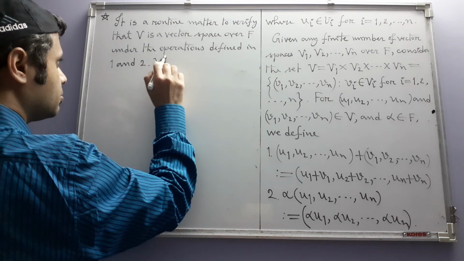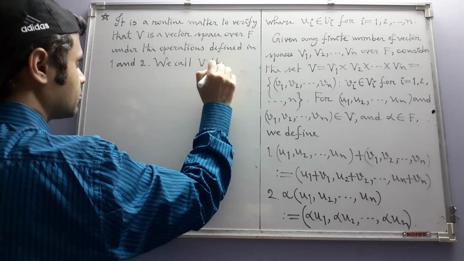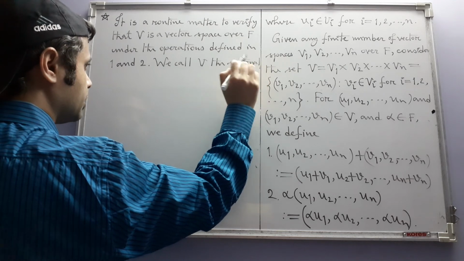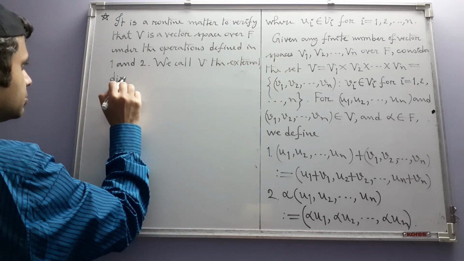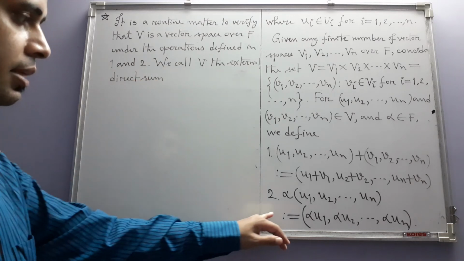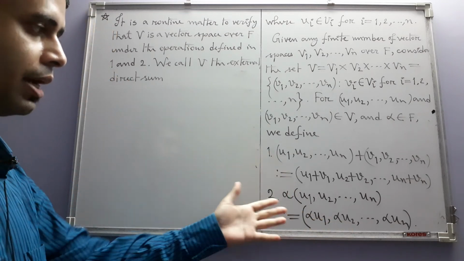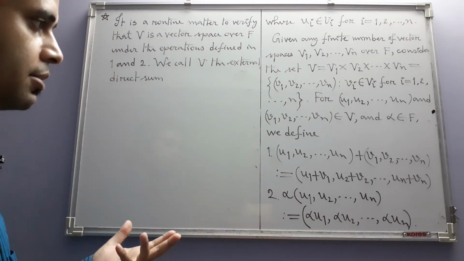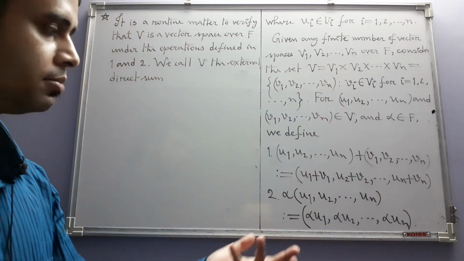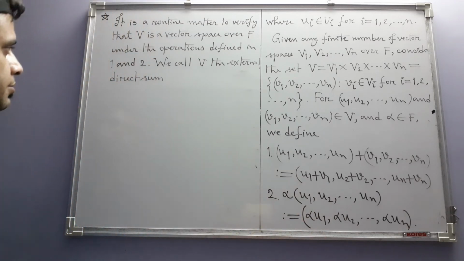We call V the external direct sum. It can be verified means at least superficially, in your mind, you verify the axioms. Okay, first you have to show that with respect to this addition V is an abelian group, and then you have to verify the other 4 axioms.